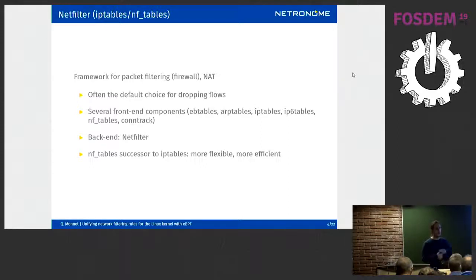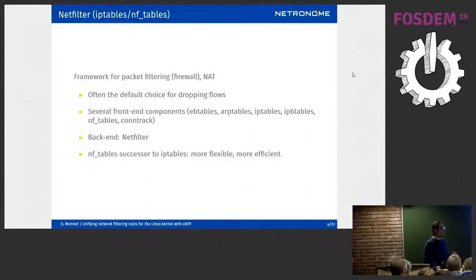So that would be iptables for IPv4 rules. You have the equivalent for Ethernet frames, for ARP frames. You have conntrack, which is used for maintaining stateful connections. But mostly I'm interested in very simple things here, so that would be iptables to inject some simple rules into the kernel and do my filtering here. So that's the first solution.